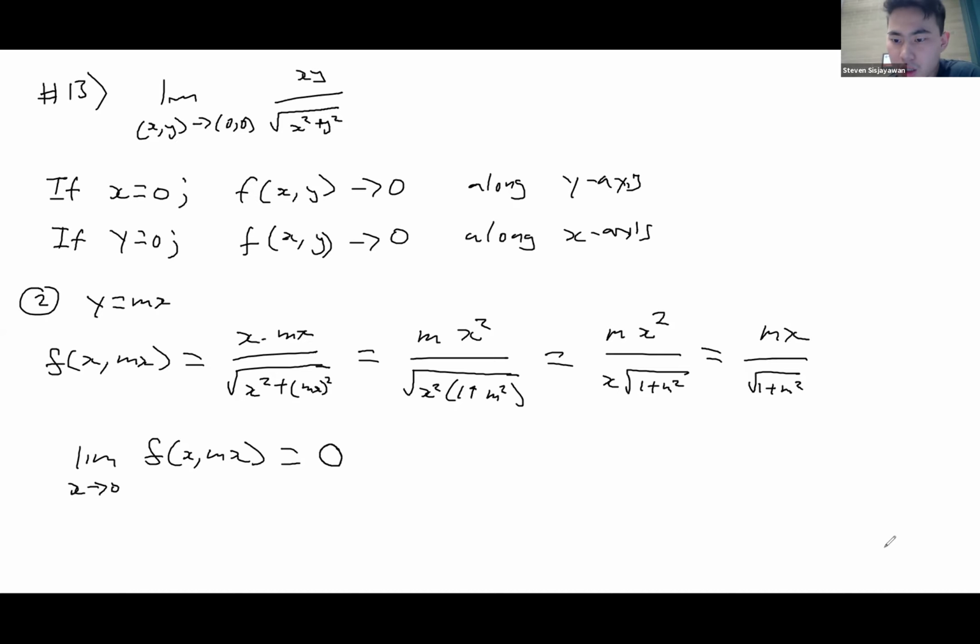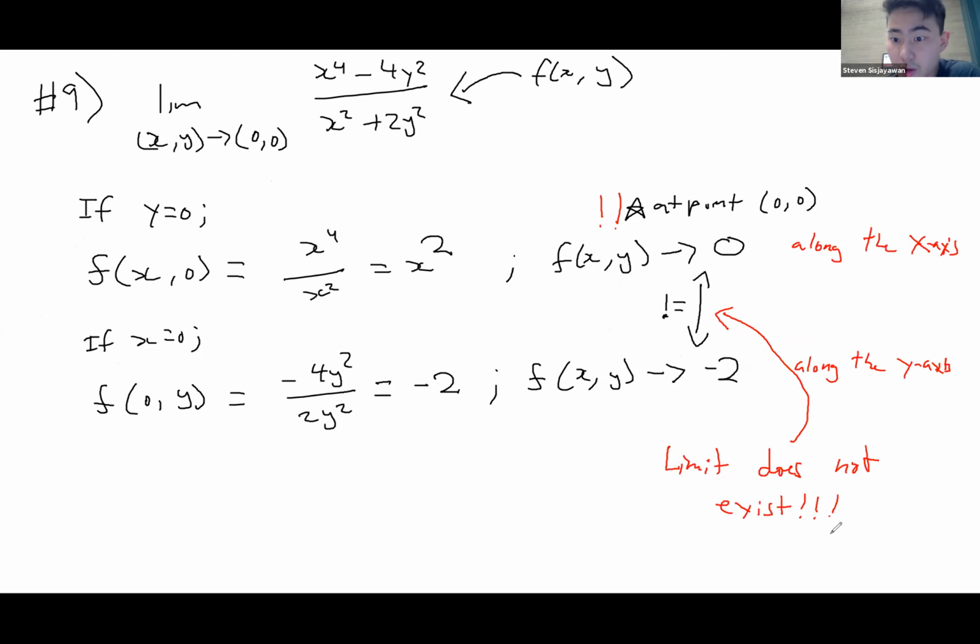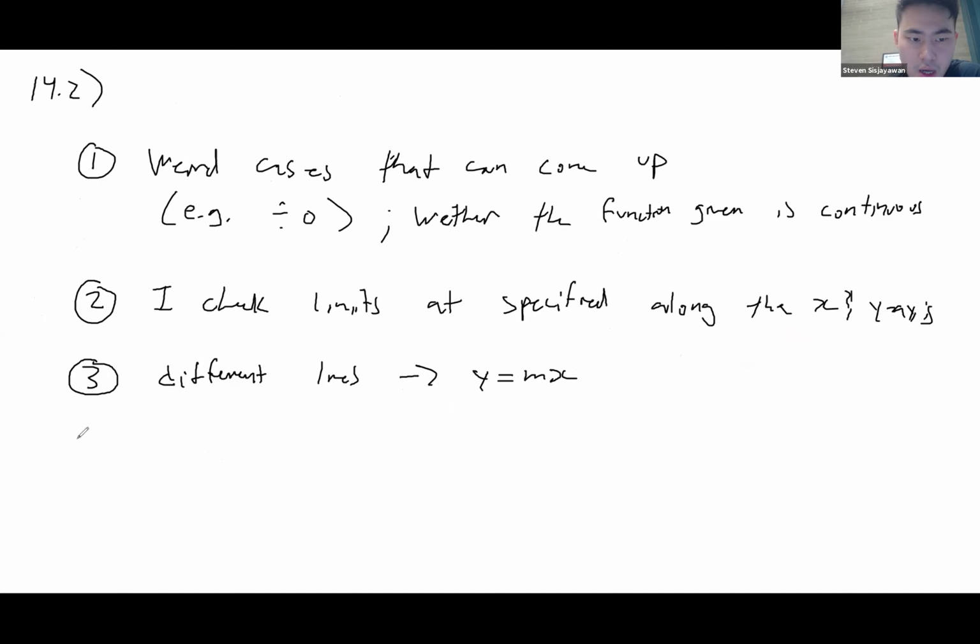The last thing I do to check whether a limit exists is that I also check for other paths that can possibly go towards the point. So in this case, we check along the x-axis, we check along the y-axis, and we check different lines. But there are other different paths that can go to a specified point.